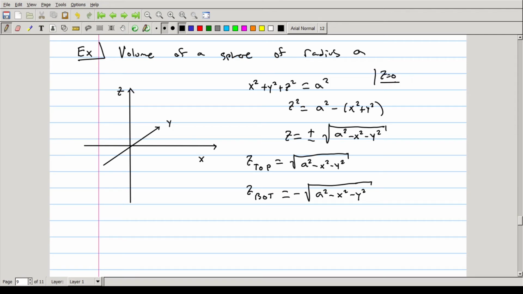So when z equals 0, the trace is x squared plus y squared is equal to a squared, or a circle of radius a, which is going to look like this.